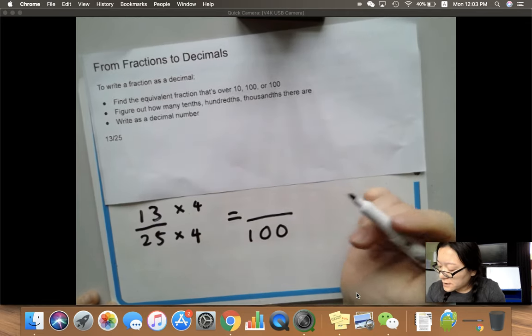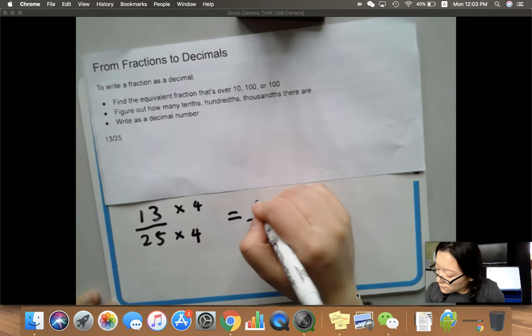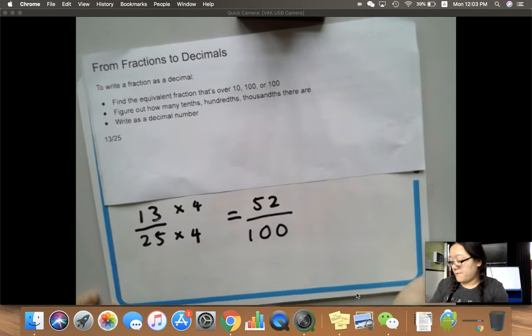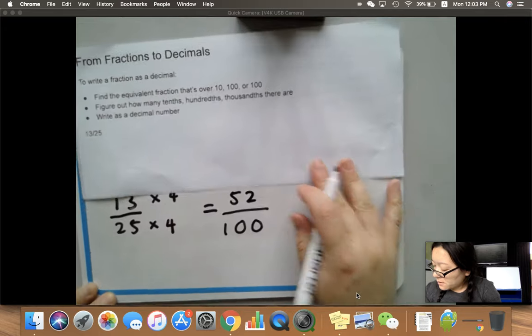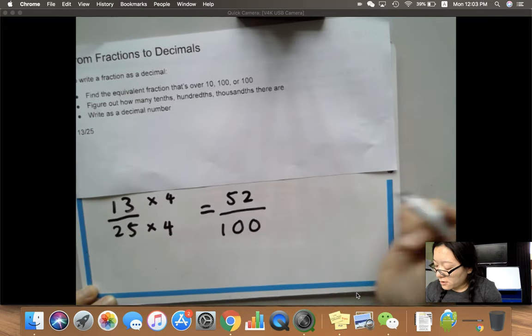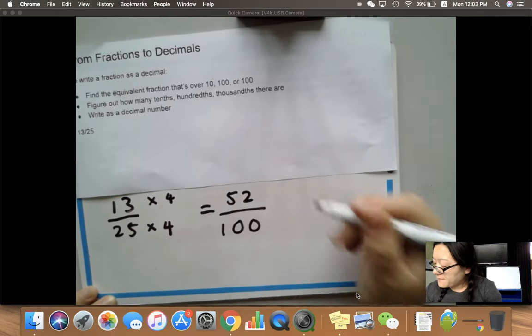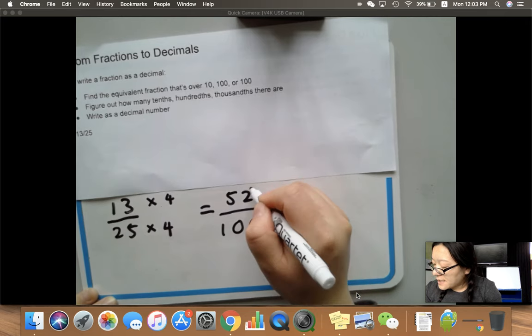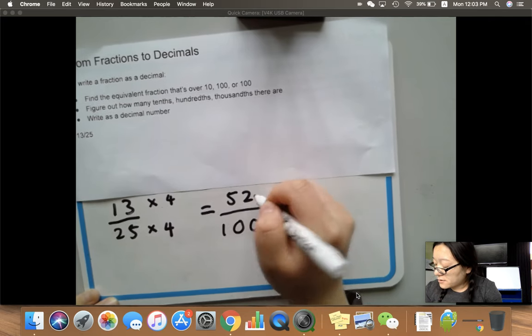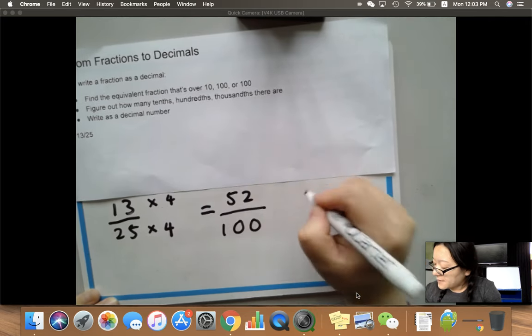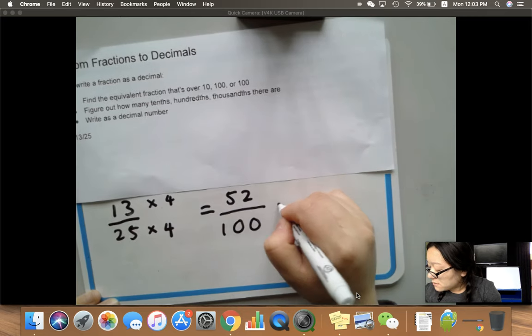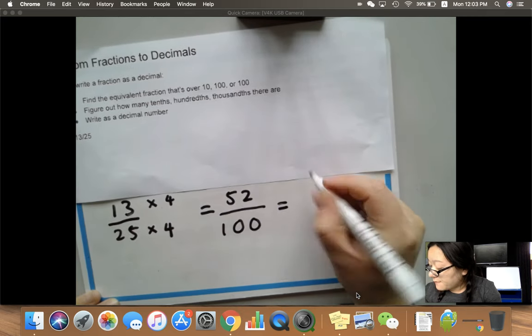What is 13 times 4? It is 52. 52 over 100. And therefore, 13 over 25 is the same as 52 over 100. There's 2 hundredths and 50 hundredths, or 5 tenths.